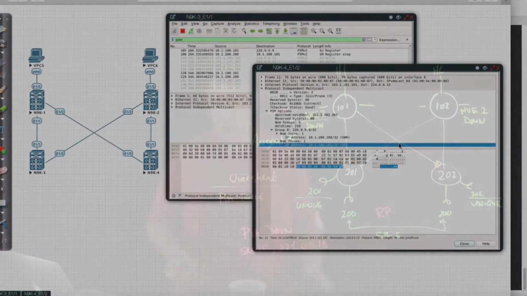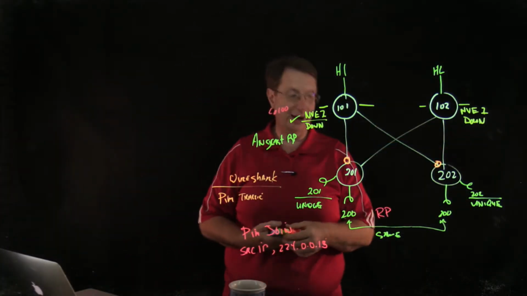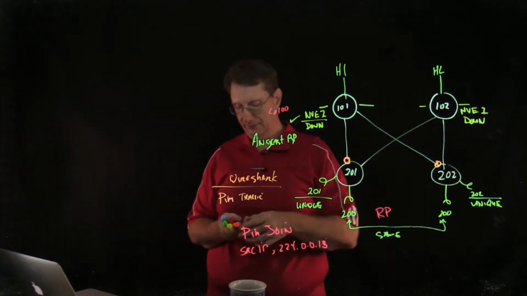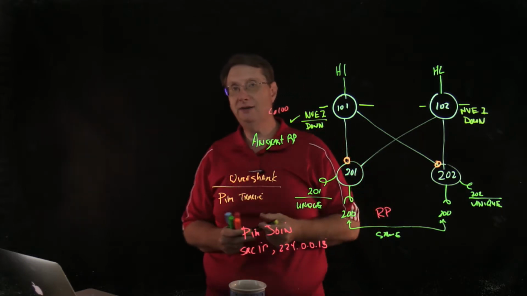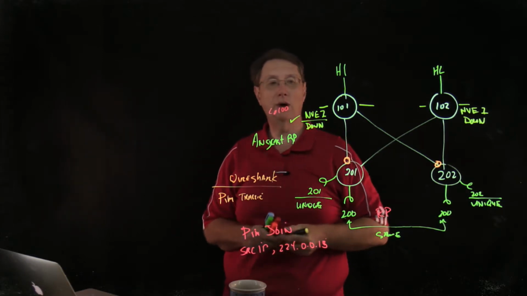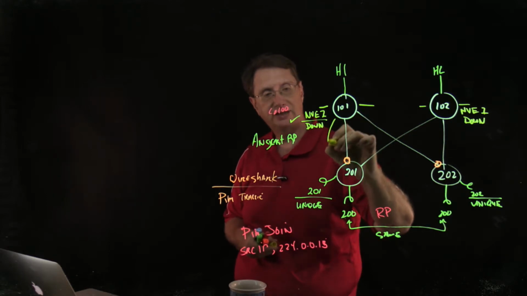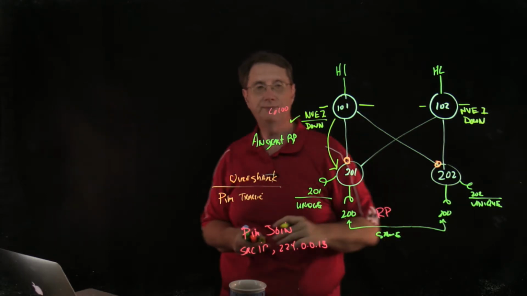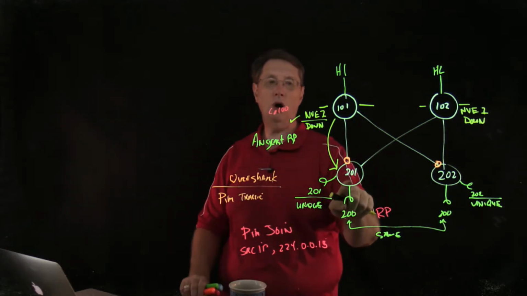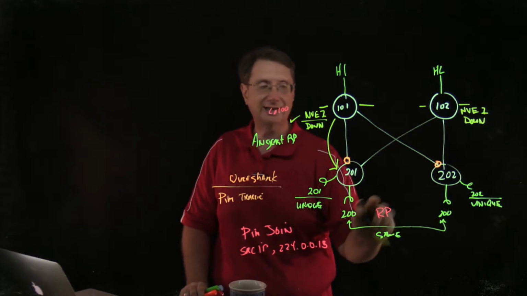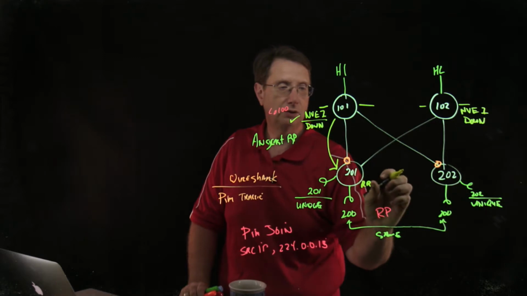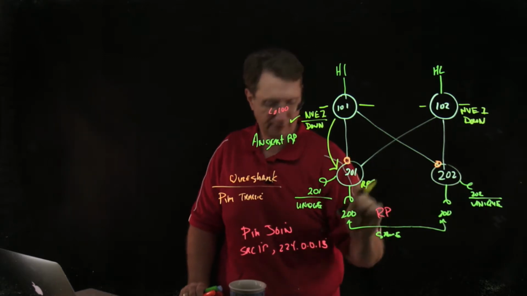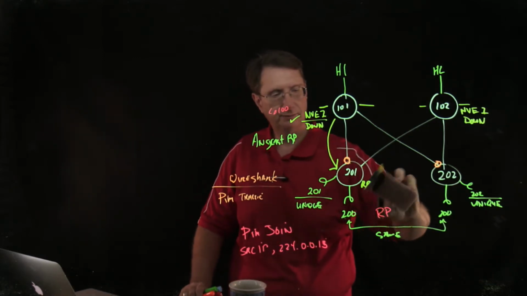Now I want to look at this from the perspective of our light board. Looking at what's going on right now, we see that I came in and turned on NVE1 on Leaf 101. And what ended up happening is it sent a message to 201, the spine, which is acting as a rendezvous point. Remember, they're both rendezvous points. So they're RPs. Let me grab my eraser here.